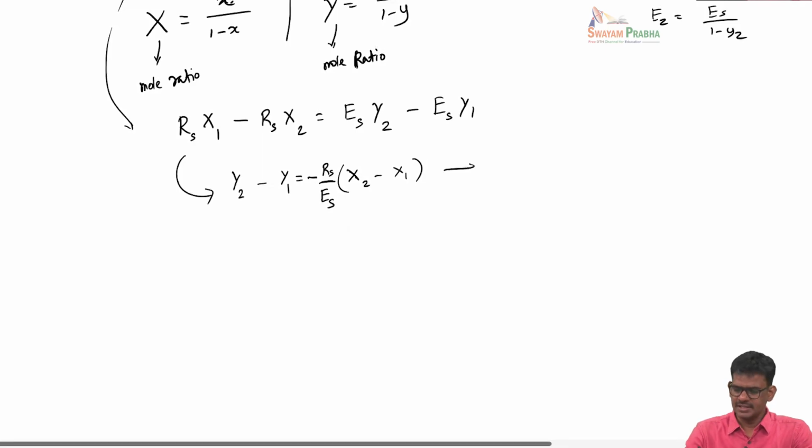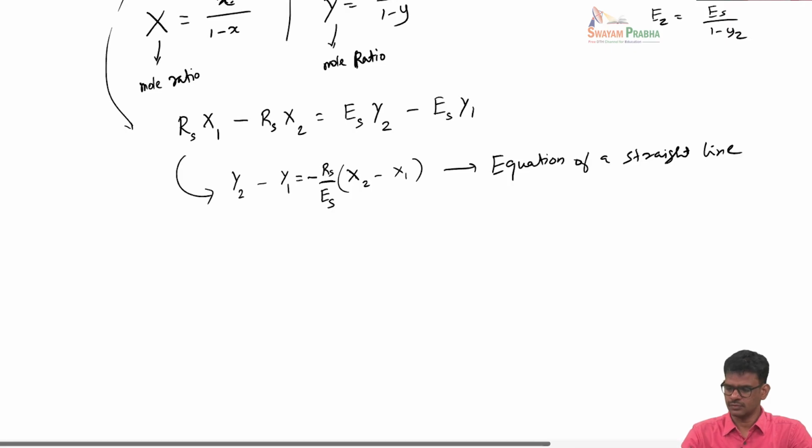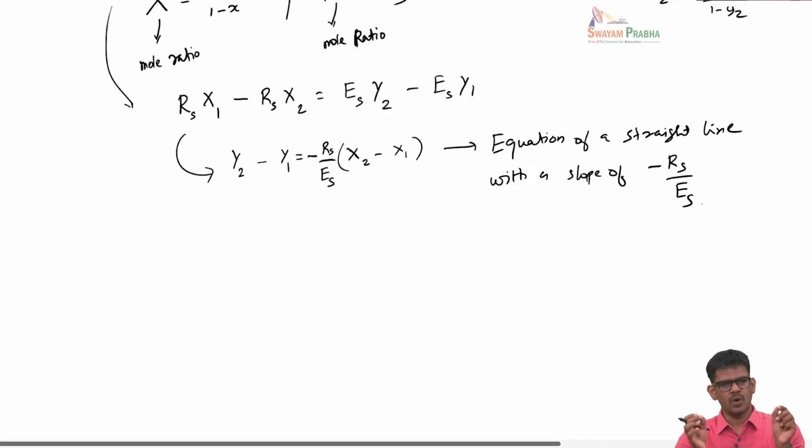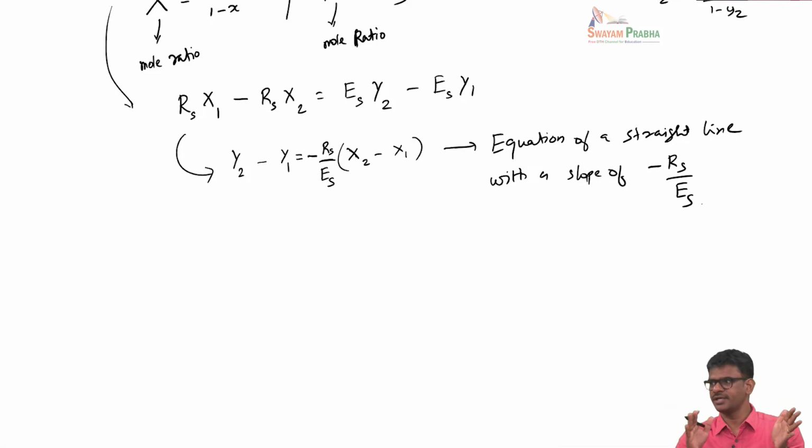So this is basically an equation of a straight line with a slope of minus Rs by Es. Here I used 1 and 2 as two points at the entry and exit.